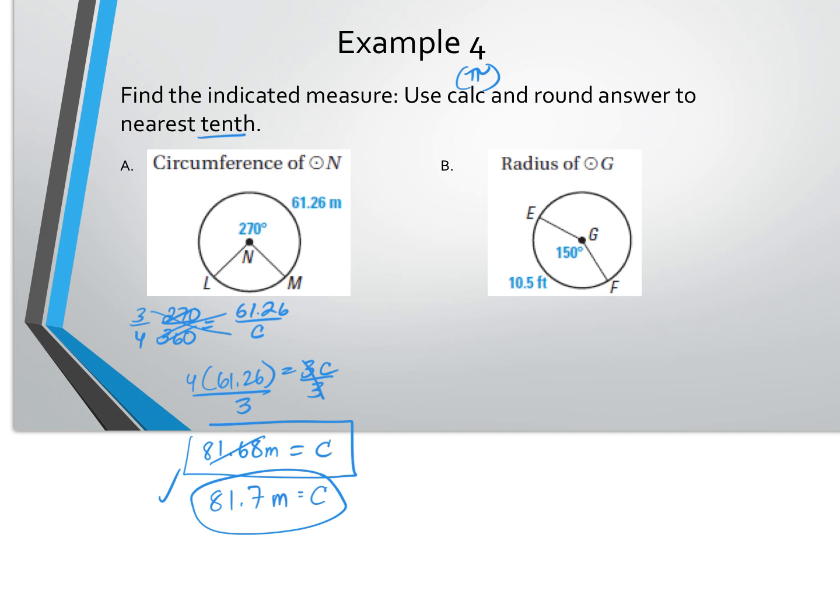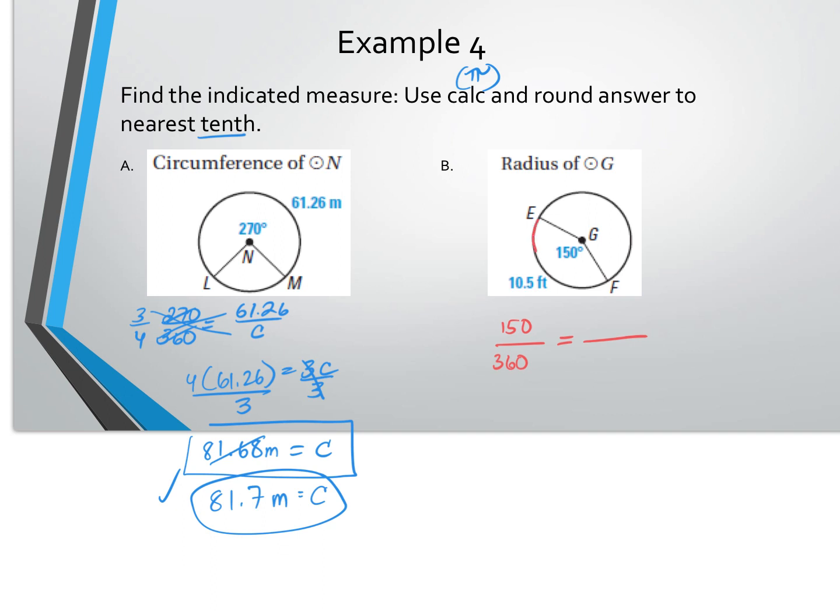I'll do this second one here. I'll do this using the formula. So notice here it says, what is the radius of circle G? So again, we're looking for the radius, but we know that we have a way that we can set this up. So let's do proportions first. I know the 150 degrees over 360 is my ratio.